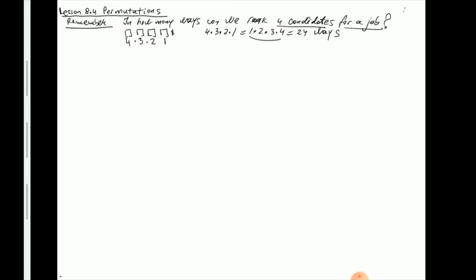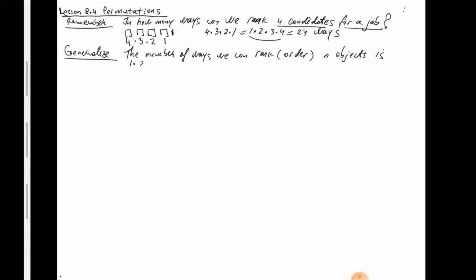We can generalize this and say the number of ways we can rank or order n objects is going to be 1 times 2 times 3 all the way up to n, because of the same multiplication principle. Since these types of products appear so often, we're going to make a notation for this type of product, which is called the factorial.